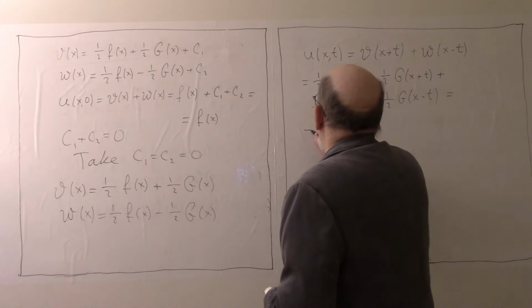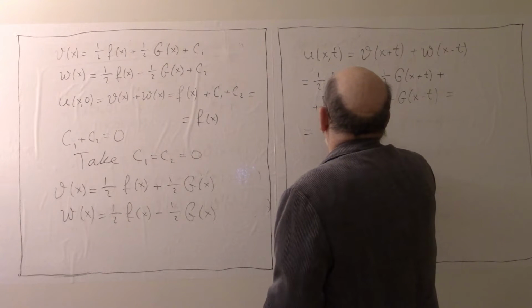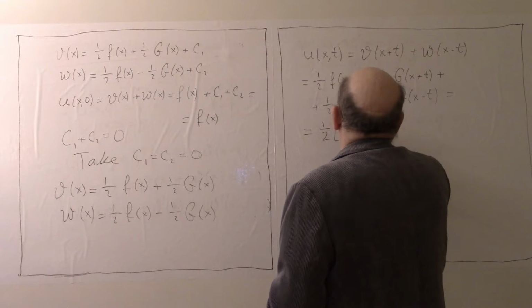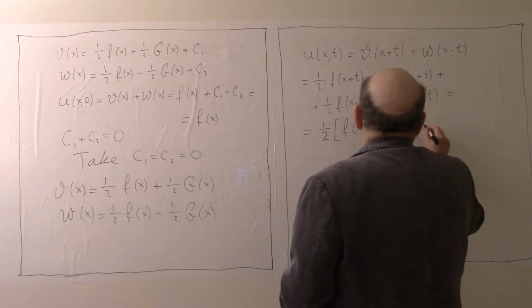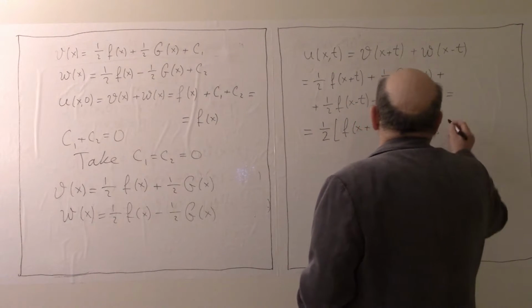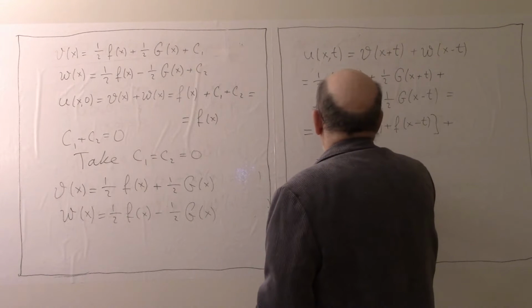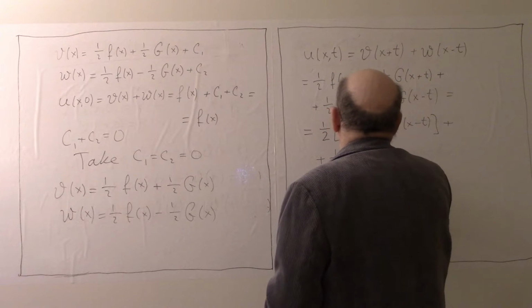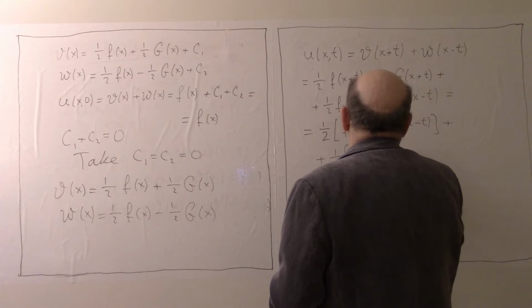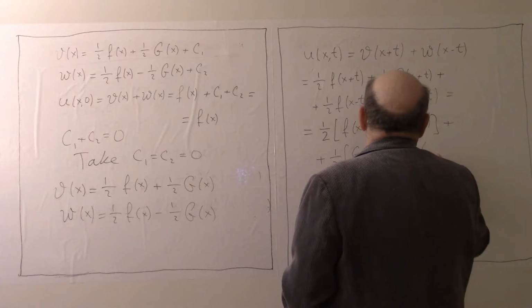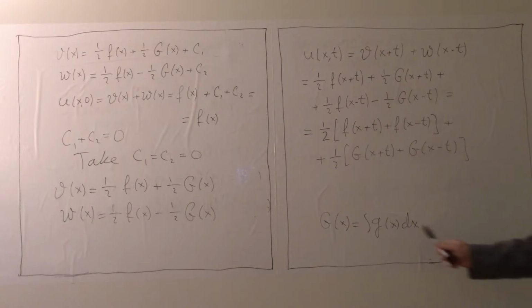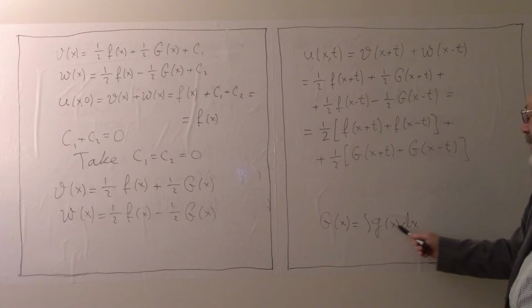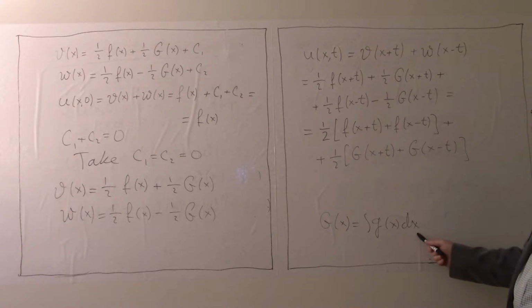No, let me write it again. 1/2 f of x plus t plus f of x minus t, plus 1/2 g of x plus t minus g of x minus t. But you see what g is? It is the integral of small g of x dx.